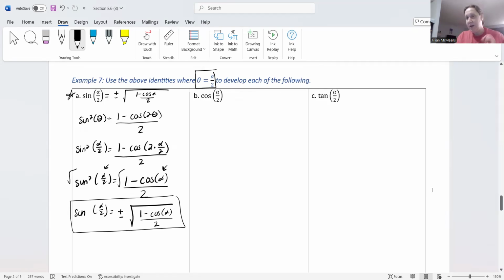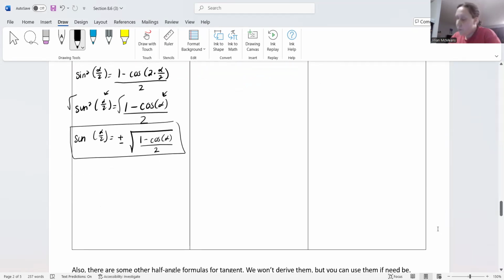Now here's the deal. We have that plus or minus. The plus or minus depends on what quadrant alpha over 2 lives in.